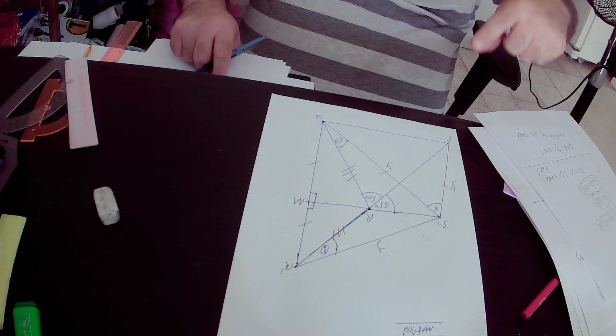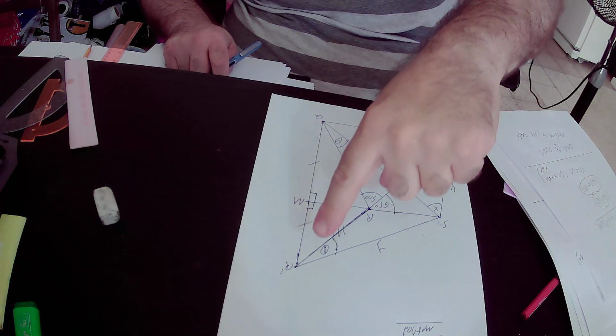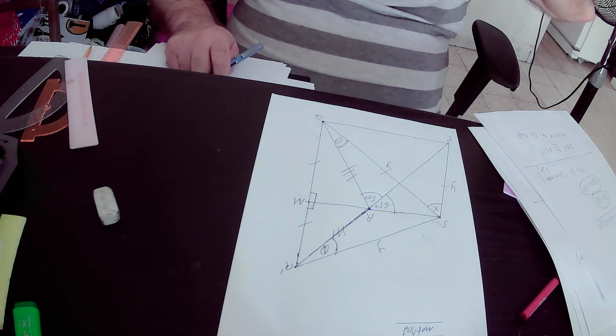So we found out that PR is a straight line and RQ dash is a straight line.